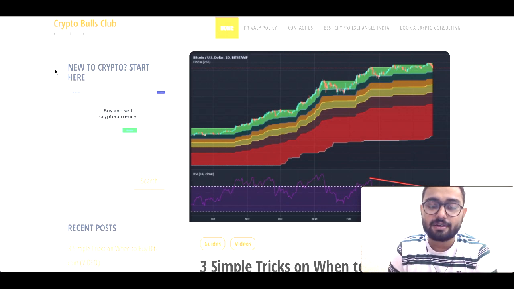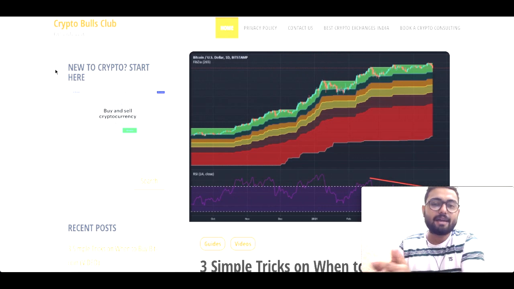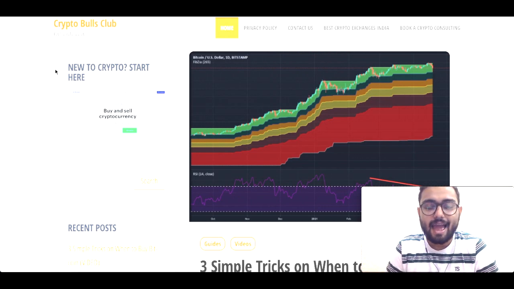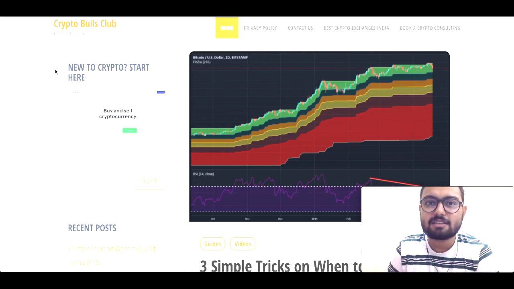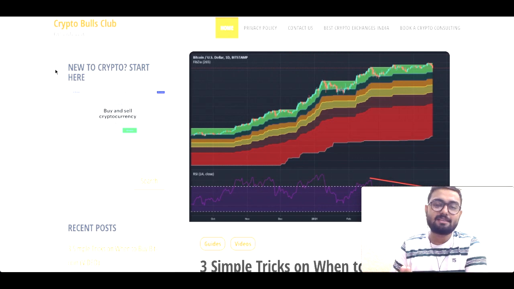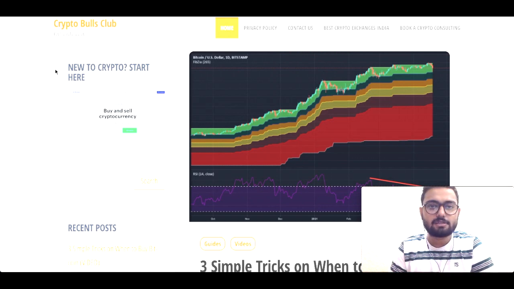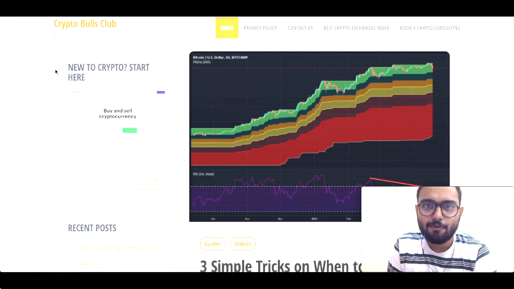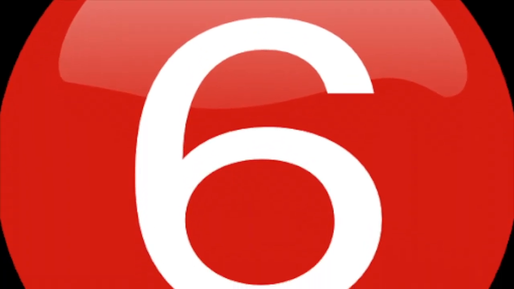Whereas Polkadot, although its price might be high, around $40 or so, it has a relatively lower market cap, which makes it a smaller coin as compared to Cardano. So instead of looking at the prices, we should always be considering the market cap. Let's move on to the next one.